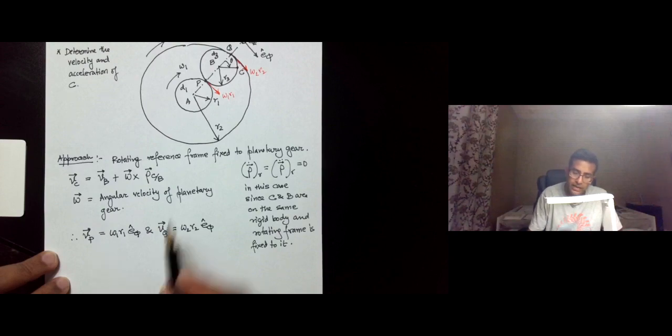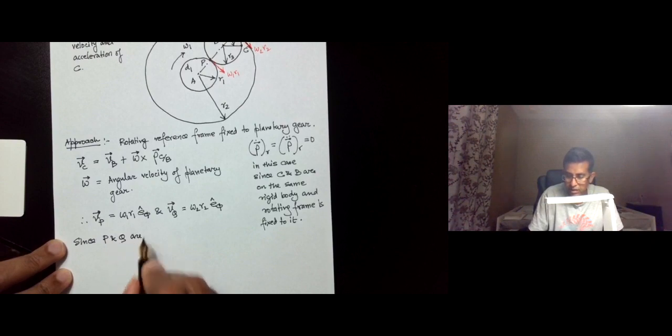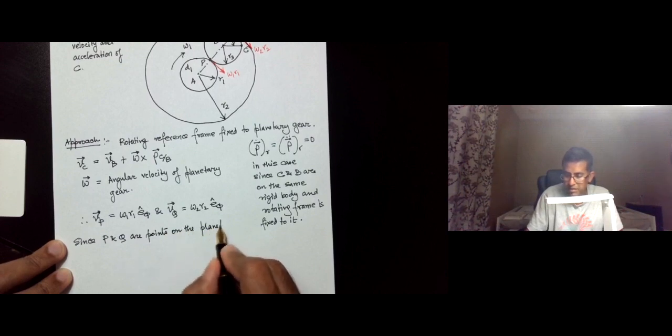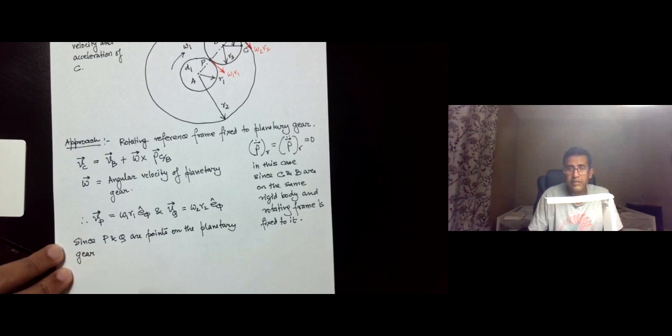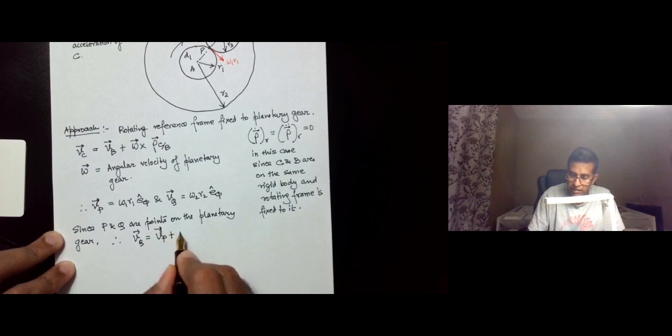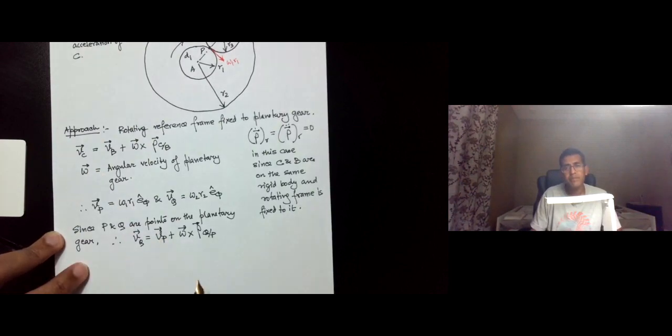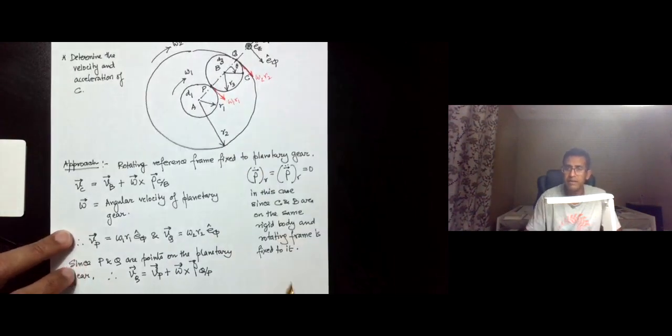Now, since P and Q are points on the planetary gear, therefore we can say that Vq is equal to Vp plus omega cross rho Q with respect to P. The same equation that we wrote between C and B can now be written between Q and P, because these two points are again on the same planetary gear.